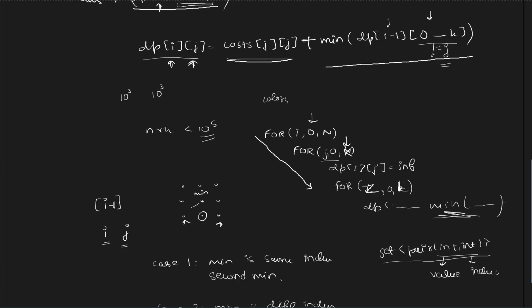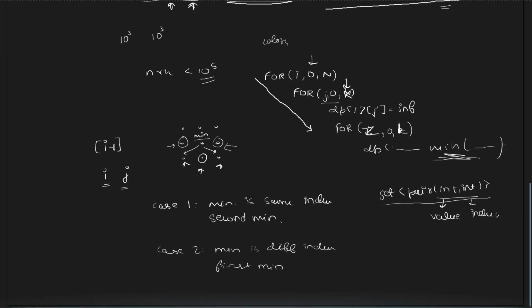So it does make sense to choose the minimum element here. But if I'm at the middle element, then I can definitely not take this particular element because the color of the walls would be the same. So what I instead do is I choose the second minimum element. So it can be either this or this, it doesn't matter. I just have to take the second minimum element, and the color of the walls does not have to be the same. In both of the cases, if I choose this one or this one, the color of the walls would be definitely different. So there are only two cases.